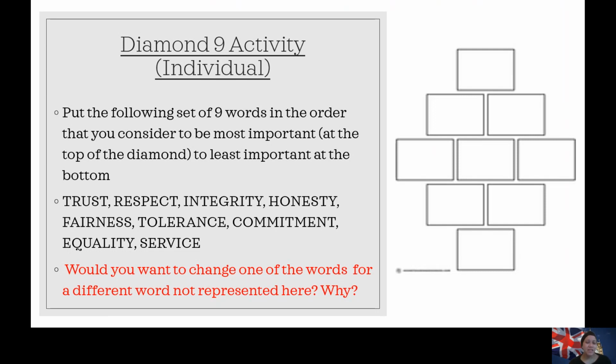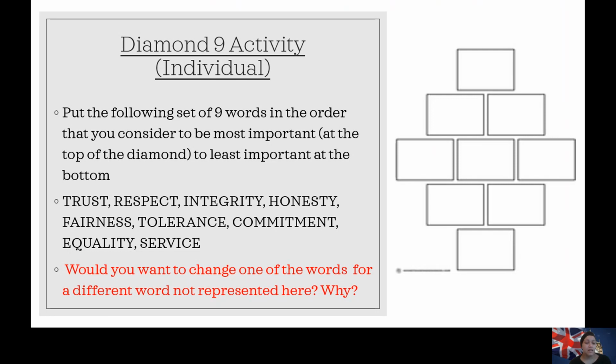So I have these words written down here and I'll go through each of them for you before you start the activity. So we have respect, trust, integrity. We all know integrity is doing the right thing, is one of our values at school, our RISE values.